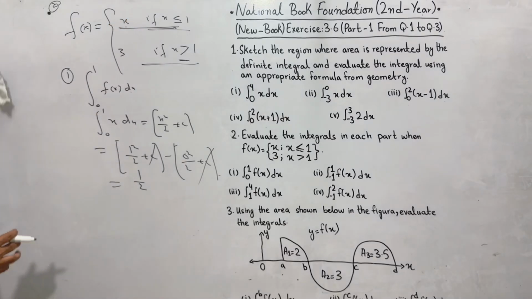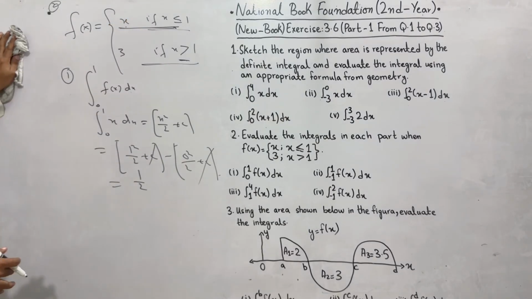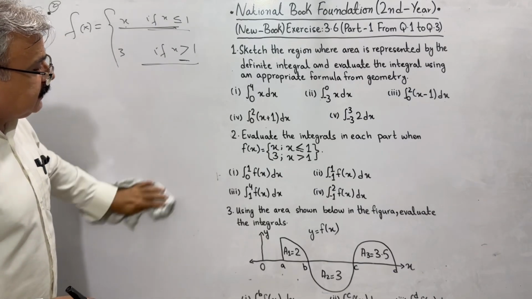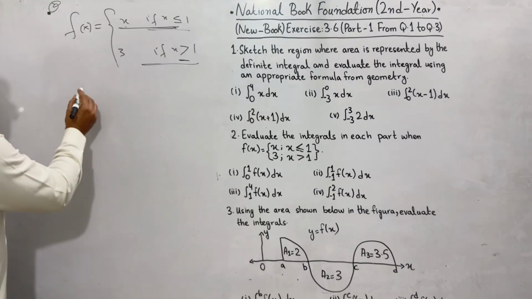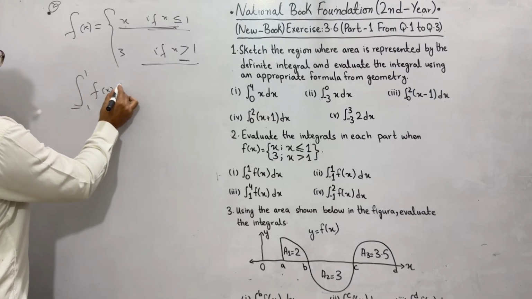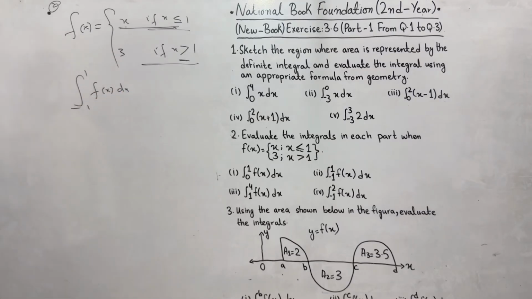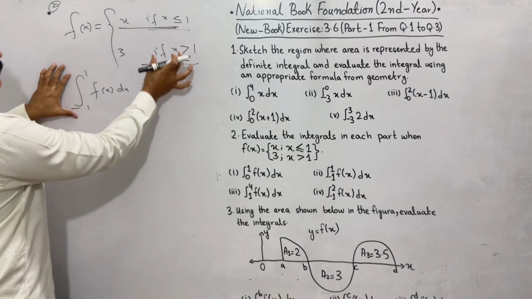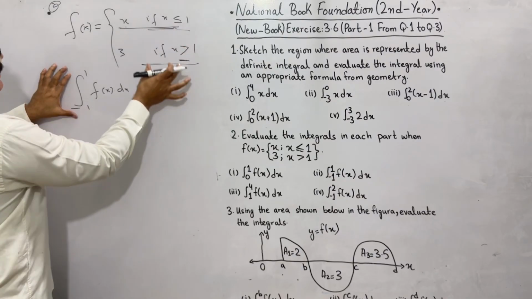The main partition lies at x is equal to 1. The second question is the integral from minus 1 to 1 of f of x dx. Look, it is a mixture of both. Separate them: we have less than 1, we have greater than 1.